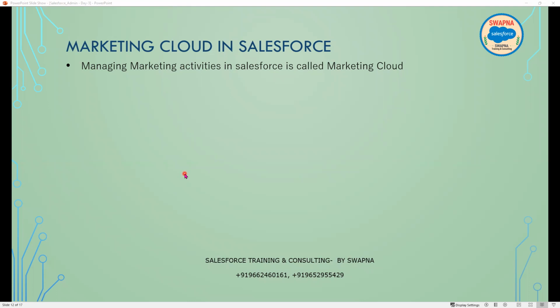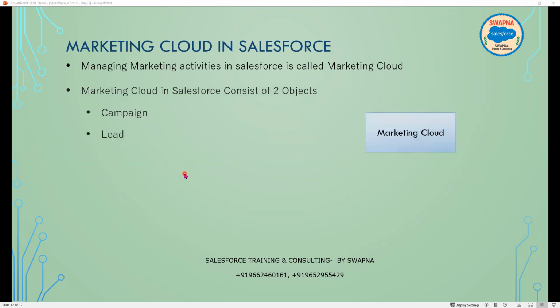And Marketing Cloud is divided into two objects. One is campaign and the second one is lead. So Marketing Cloud is divided into two types: campaign and lead. Right?